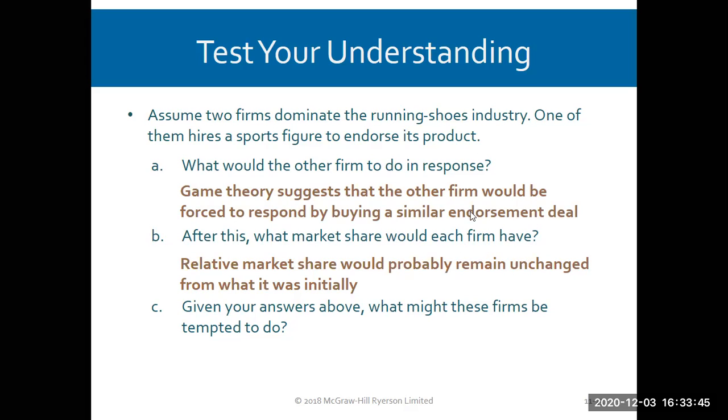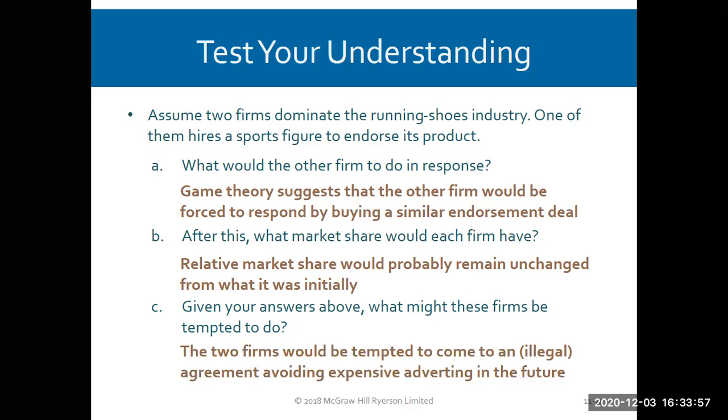And so given that they both might know that, and they both know the cost of hiring a sports figure, what might they be tempted to do? They might be tempted to come to a collusive agreement, avoiding hiring a sports figure for either one of them. And that would be a very illegal thing to do.